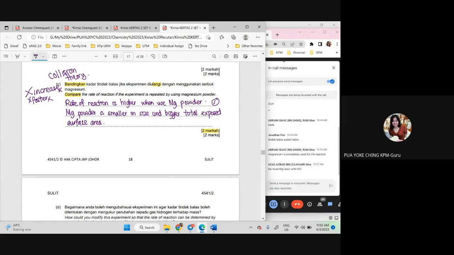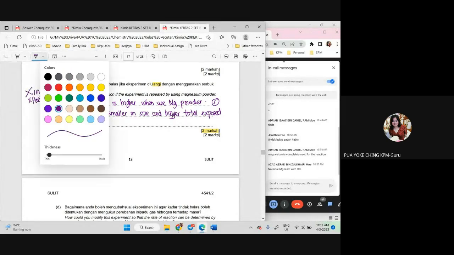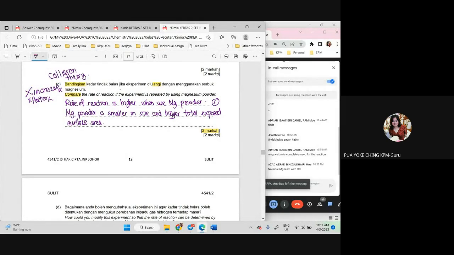Bandingkan kadar tindak balas jika eksperimen diulangi dengan menggunakan sebut magnesium. Jelaskan ataupun terangkan dari segi teori pelanggaran. They ask you explain based on collision theory.